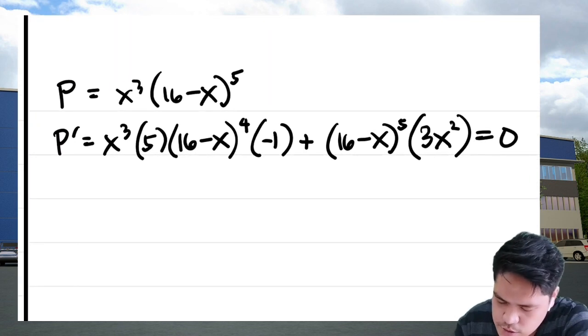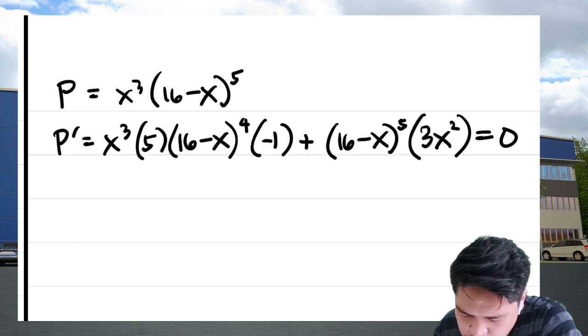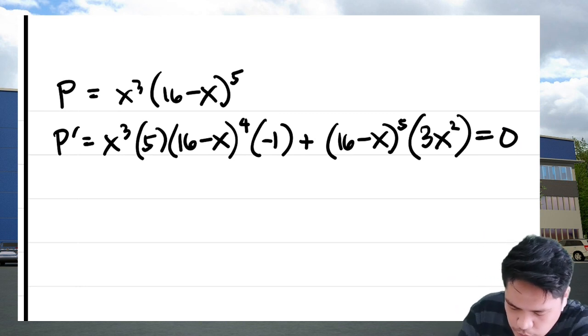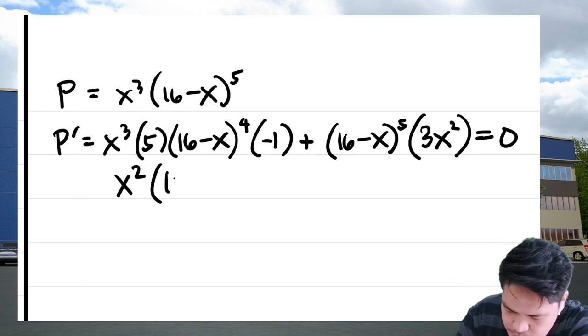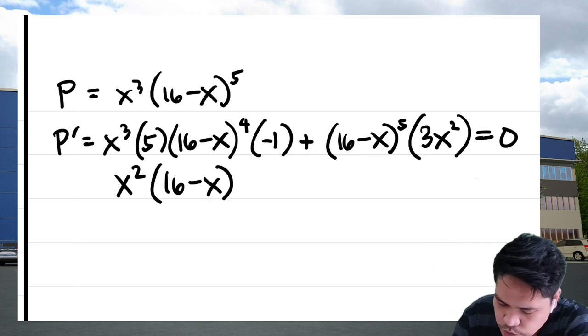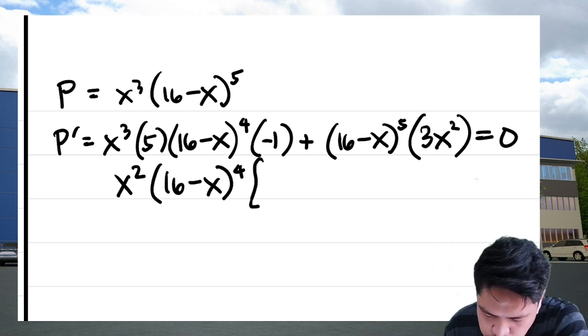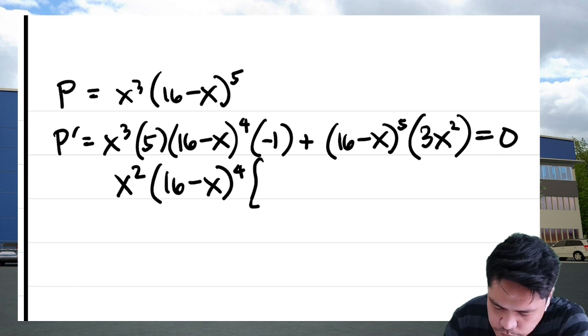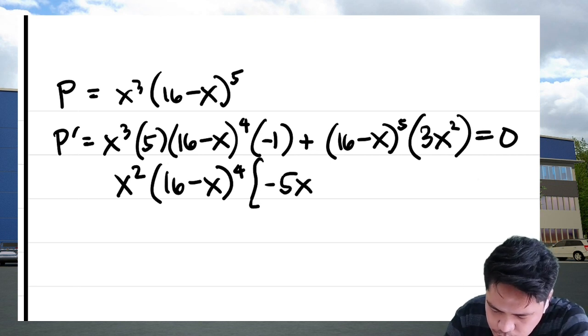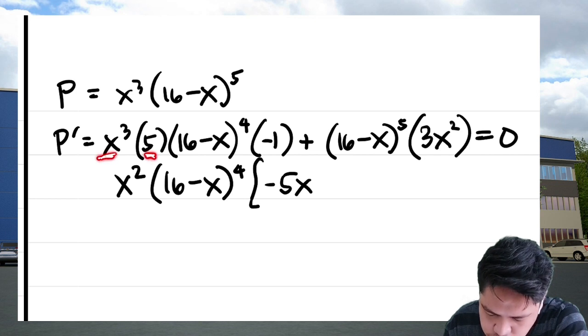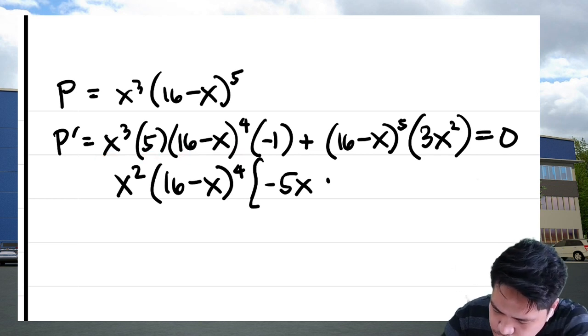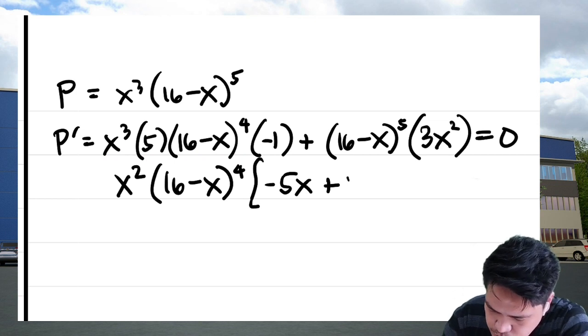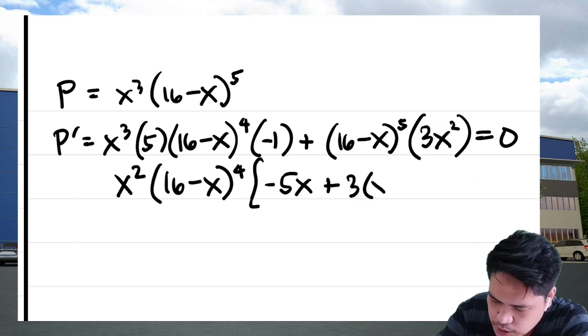Let's simplify this, or we can just factor out x squared and 16 minus x raised to 4. What will remain here would be negative 5x plus 3 times 16 minus x. Let me check that. X squared, so 5, okay, negative 5x plus 3 times 16 minus x.